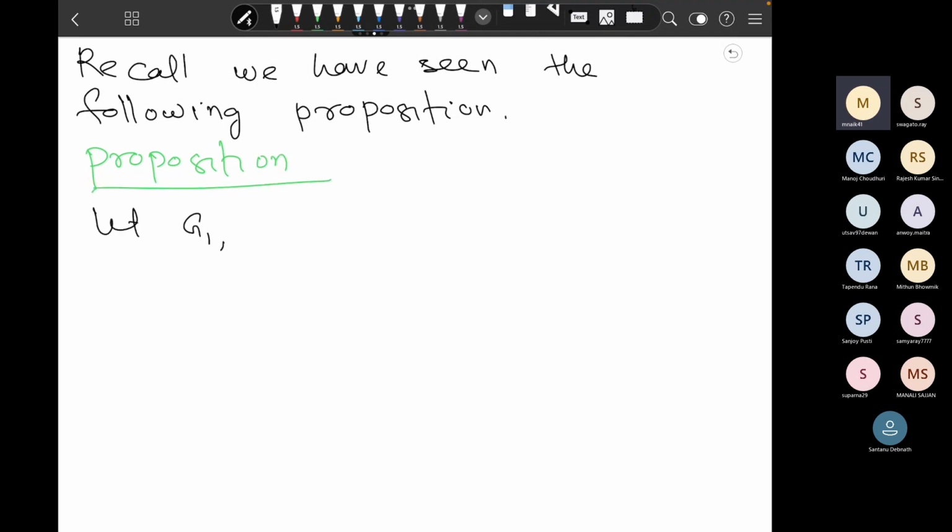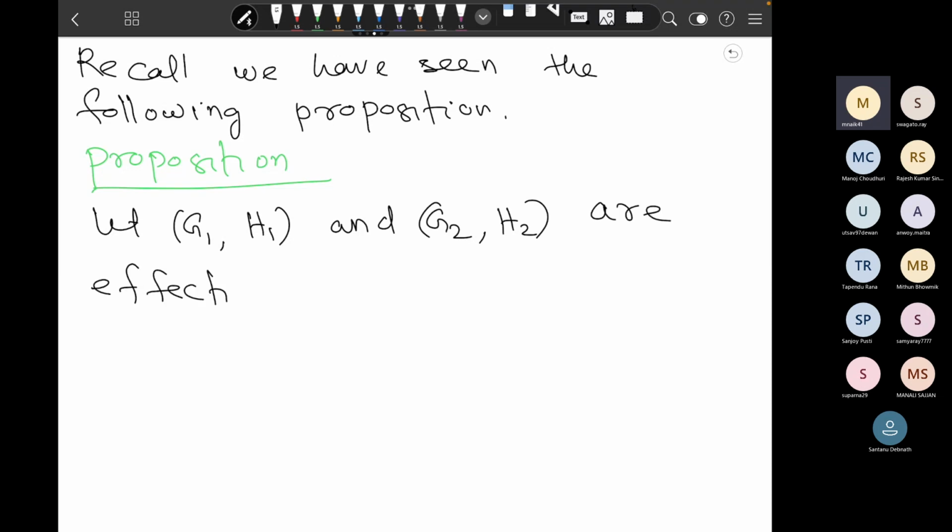Let G1, H1 and G2, H2 be effective Riemannian symmetric pairs of same type, say mu.